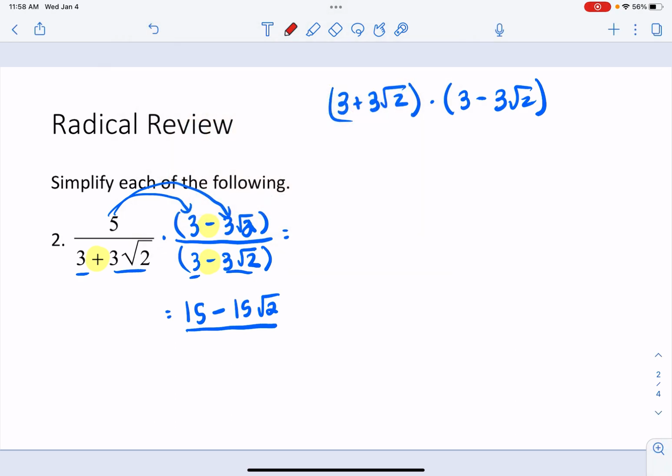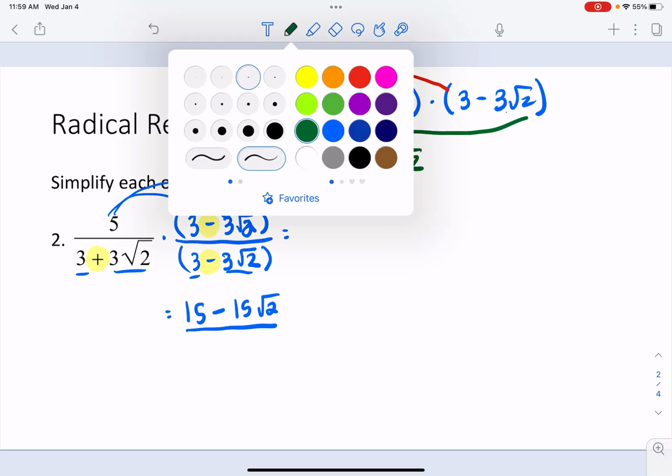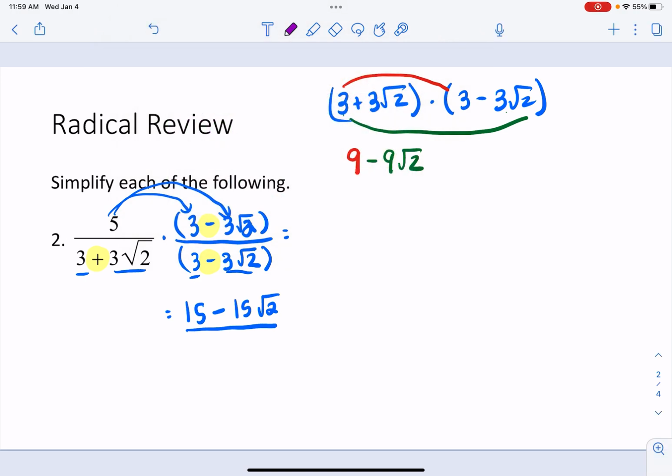First terms together, 9. Outer terms together. 3 times 3 is a 9 root 2. I can only multiply numbers if they're outside together. Inner terms together. 3 times 3 is 9 root 2.